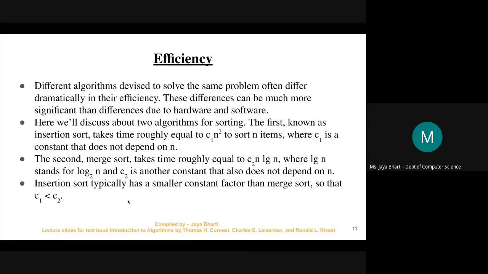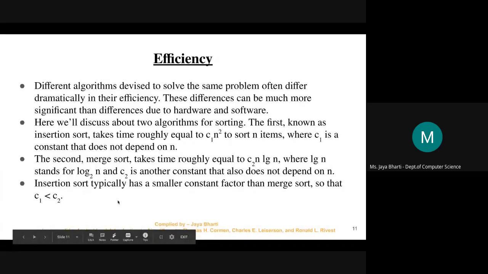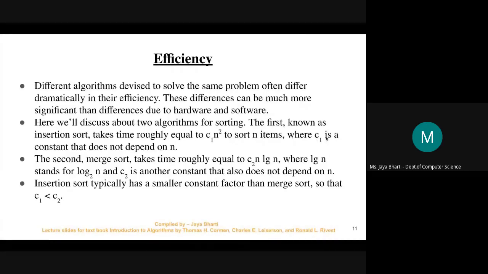Insertion sort typically has a smaller constant factor than merge sort, so C1 is less than C2. Always this is the case: whatever the constant value for C1, it will be lesser than the constant value for C2.